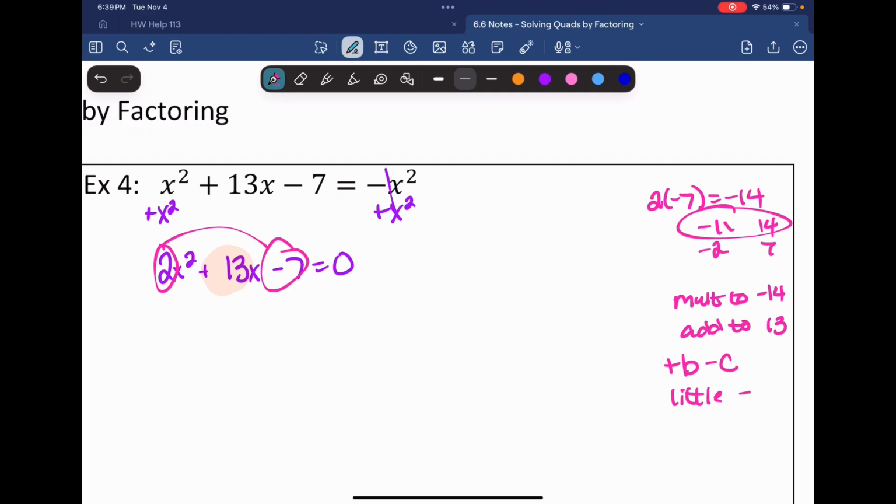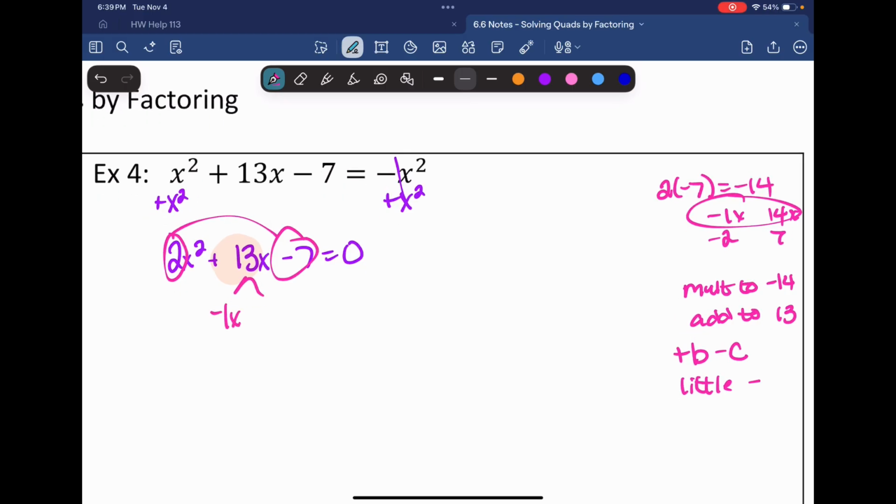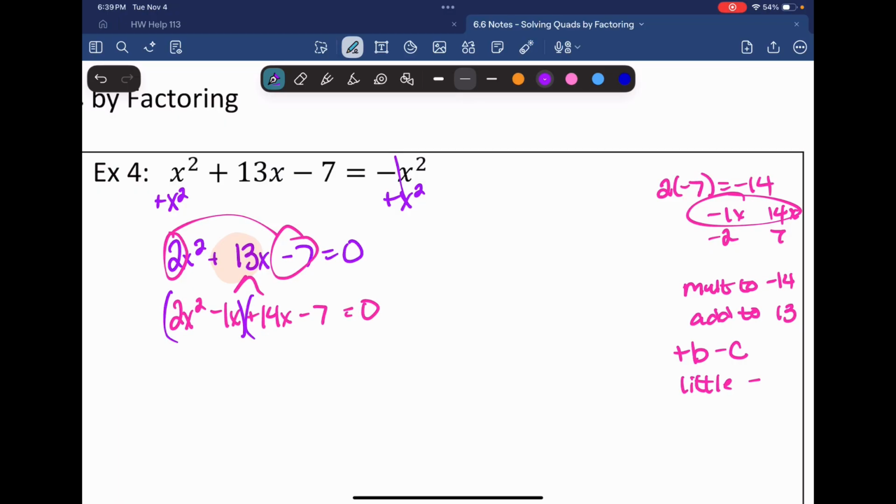Okay, so we put our x here. And we're going to take that positive 13x and we're going to break it up. So negative 1x and positive 14x. Group the first 2 and the last 2, just like I showed you in 6.2, 6.3, 6.4, 6.5.